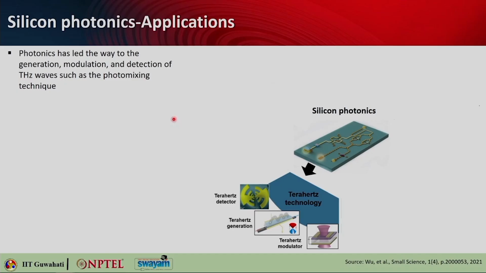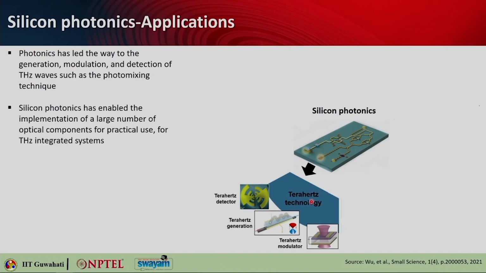So photonics has led the way to the generation, modulation and detection of terahertz waves. Now terahertz is the frequency gap between the infrared and microwaves. So photonics can help you generate, modulate and detect terahertz waves with techniques such as photomixing. So you can use them for terahertz detection, generation and modulation as shown here.